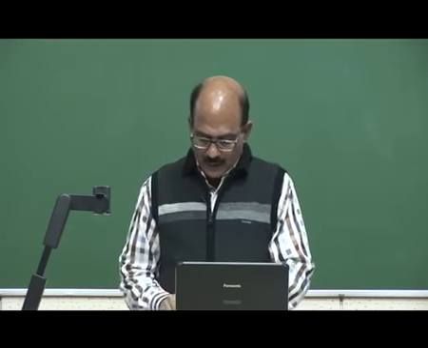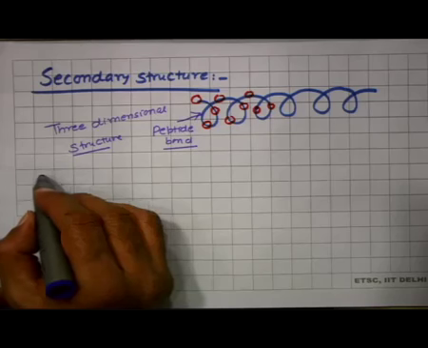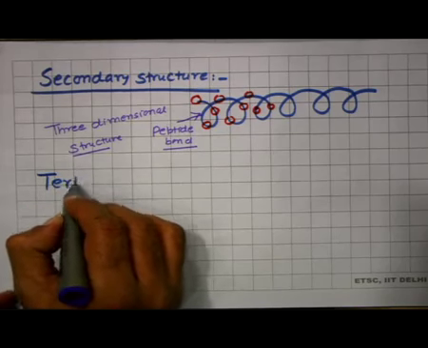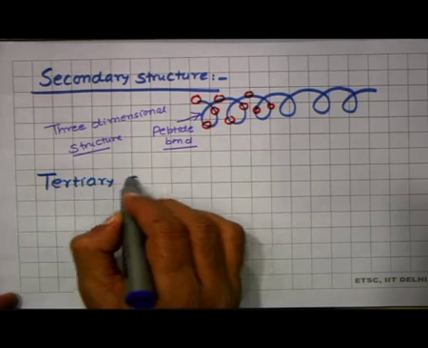Now, the third type of protein is the tertiary structure.